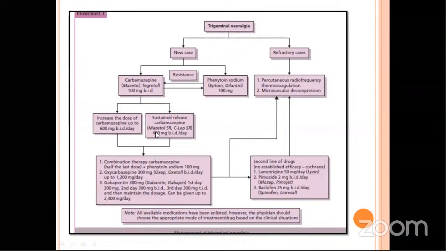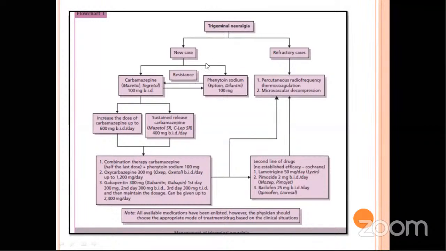Okay. And if again the patient is resistant to all this, then a combination therapy of carbamazepine, oxcarbazepine, and gabapentin is given. The second line of drugs of choice is baclofen, lamotrigine, and pimozide. So these are some of the drugs which are given alternatively.